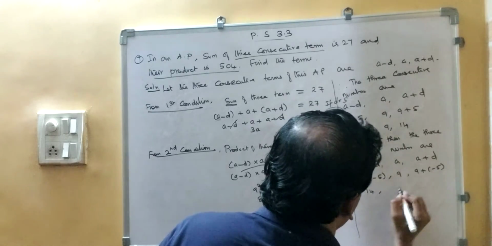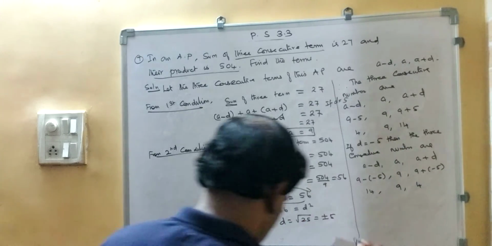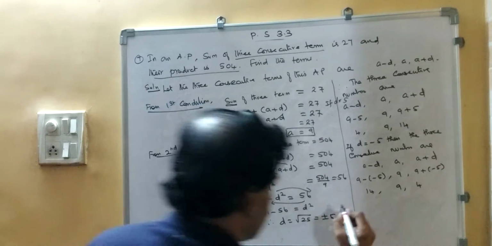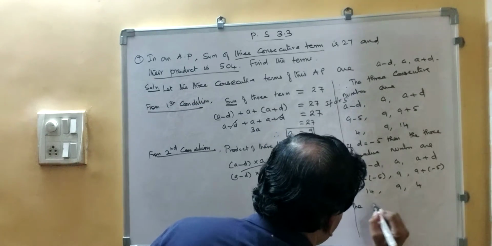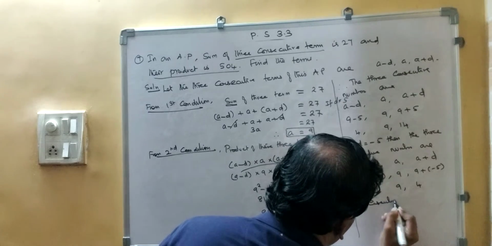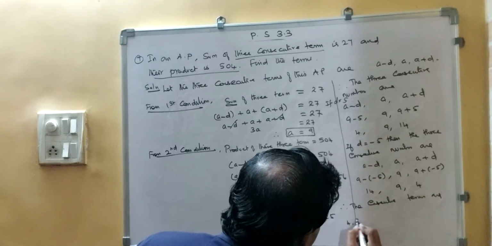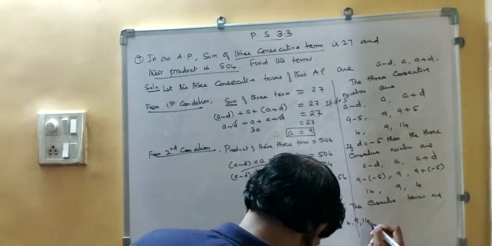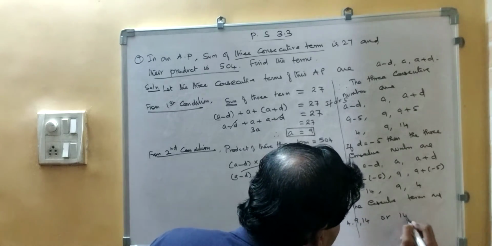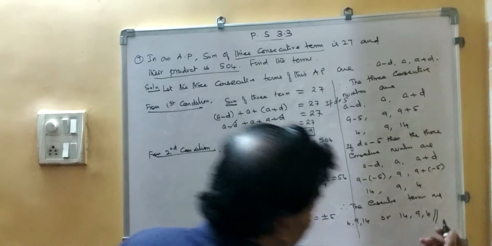So 14, 9 and 4. So the consecutive terms are, you can write 4, 9, 14 or 14, 9 and 4. This will be the answer.